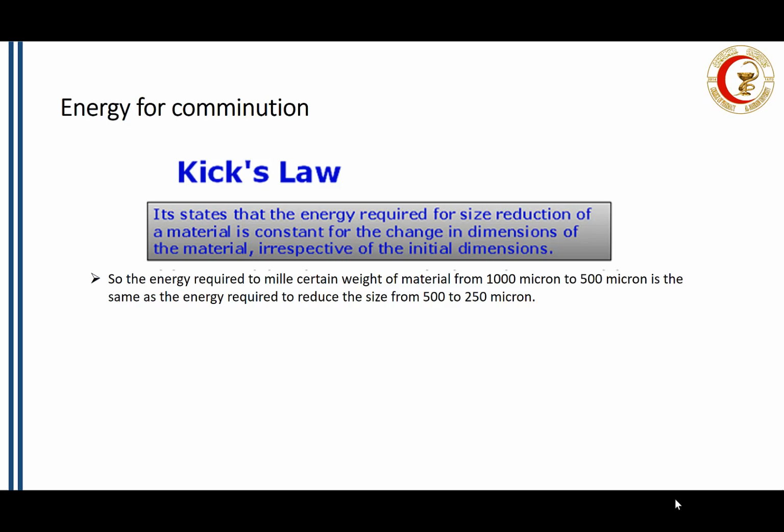For example, the energy required for reducing a material of specific weight from 1000 micron to 500 micron is the same as the energy required for the same material and the same weight to reduce them from 500 to 250. Why? Because 1000 divided by 500 gives the same ratio as 500 divided by 250.